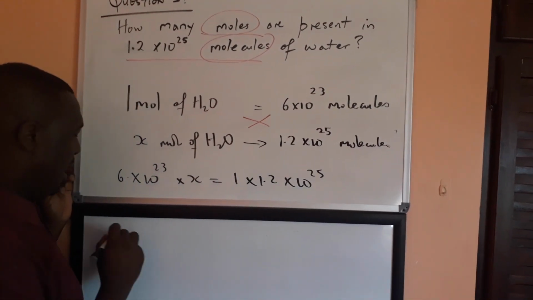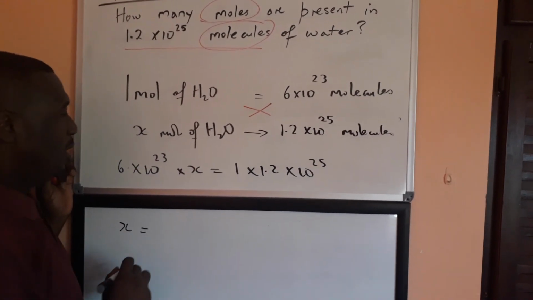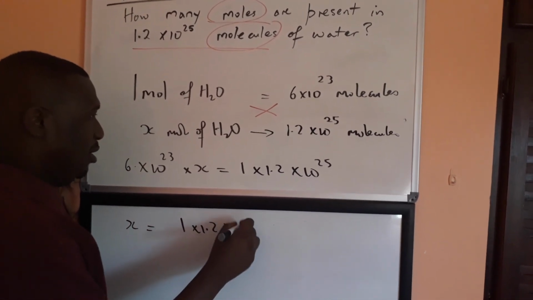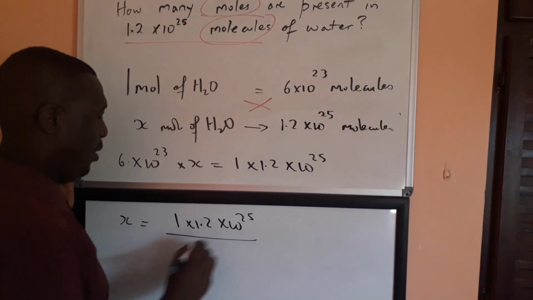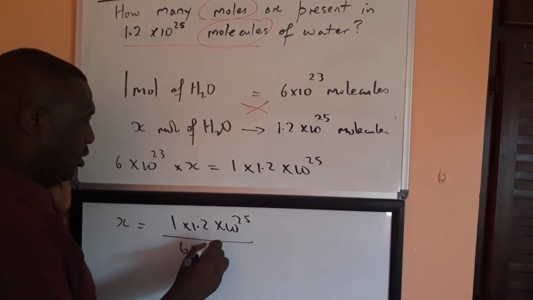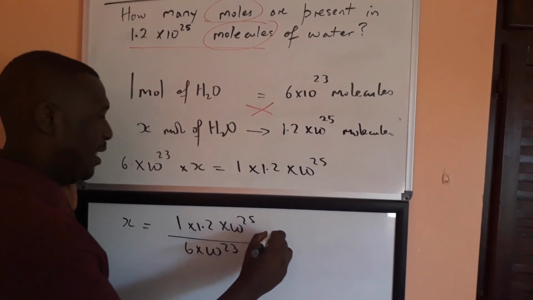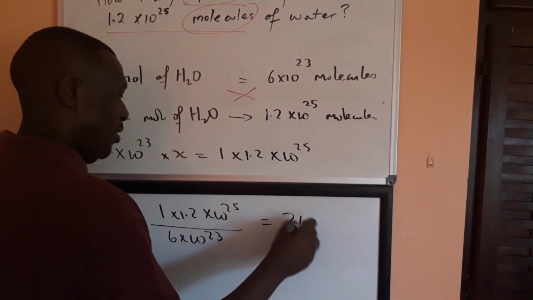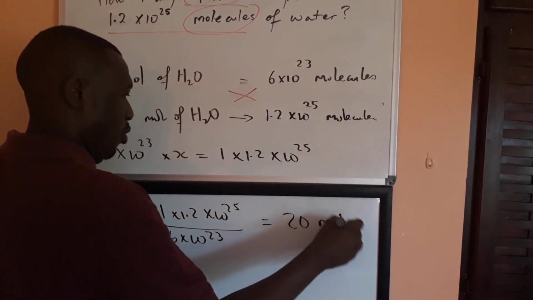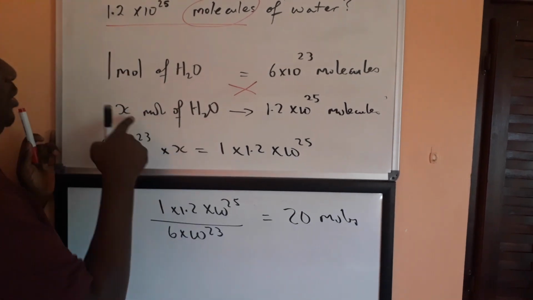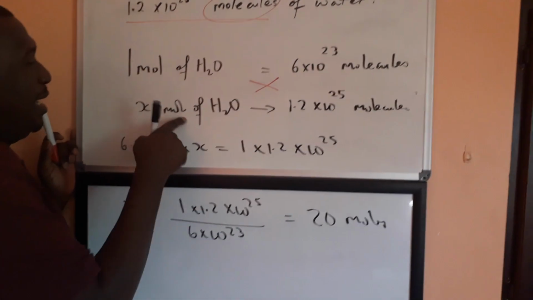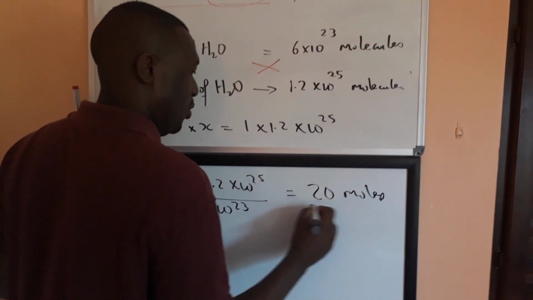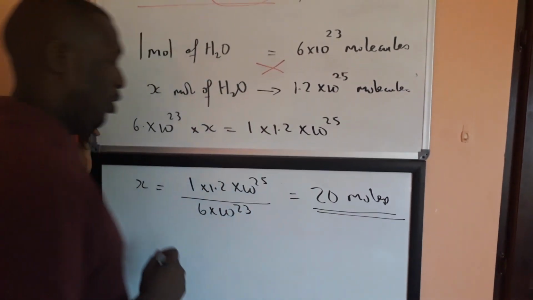Now, x is going to be equal to 1 times 1.2 times 10 to the 25 over 6 times 10 to the 23. And that is going to give us 20 moles. Moles, because let's look at x, where x was x moles. So we know that our units are moles. Don't forget to put your units.